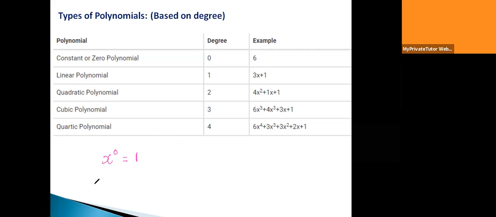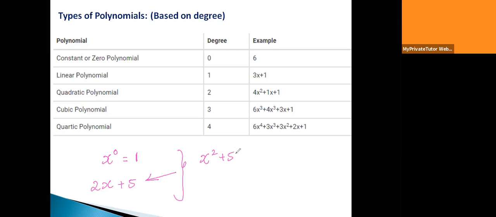If we have degree 1, like 2x + 5, that is a linear equation. I hope everyone knows that. Linear polynomial. If we have 2 in the exponent, like x^2 + 5x - 9, we call it a quadratic polynomial.